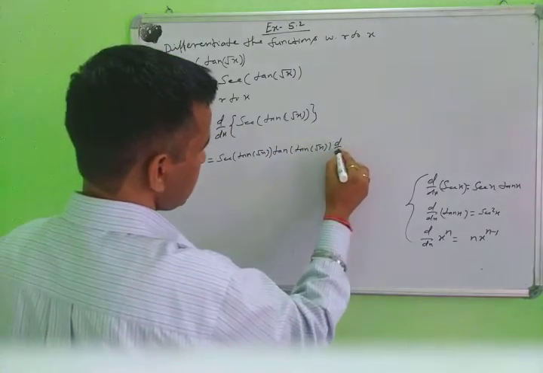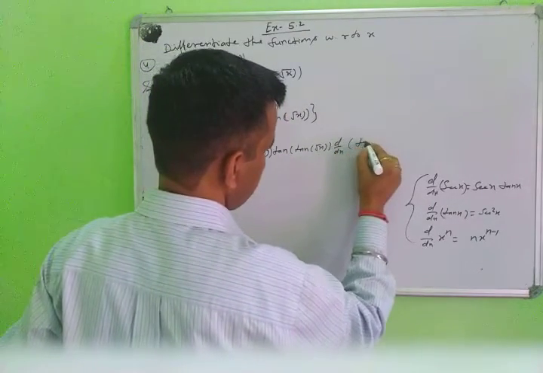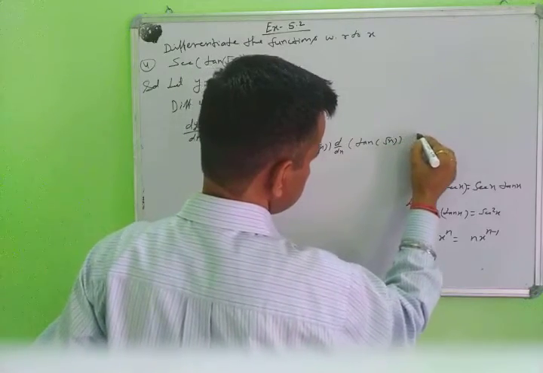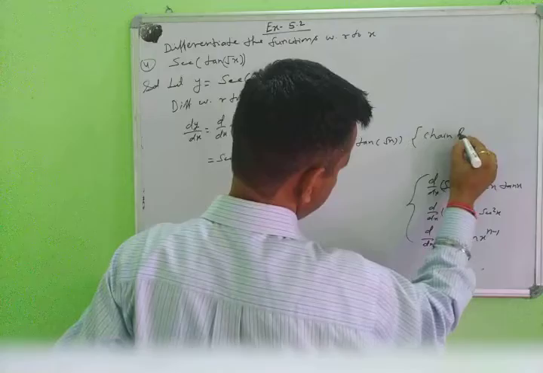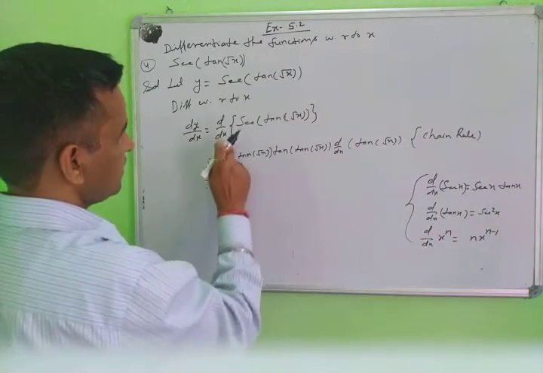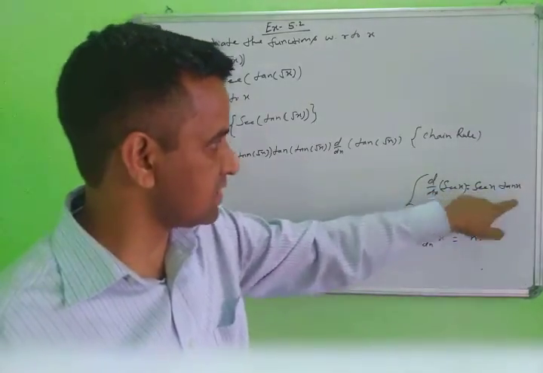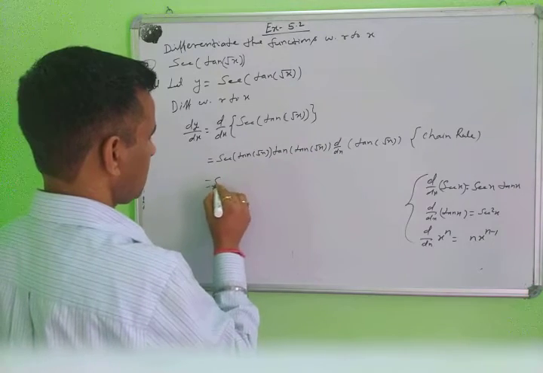Again d over dx of this portion, tan root x, we are using the chain rule. Differentiate of sec theta means sec theta tan theta. So here I am making sec theta and tan theta. This is the same here.